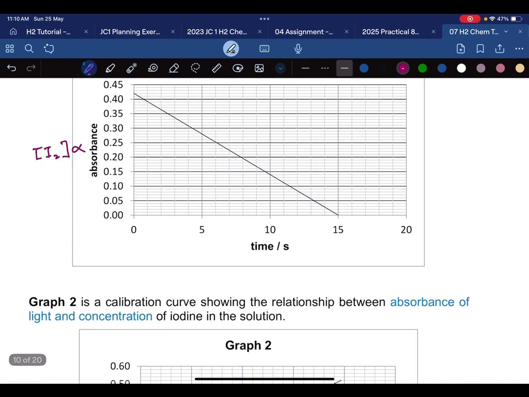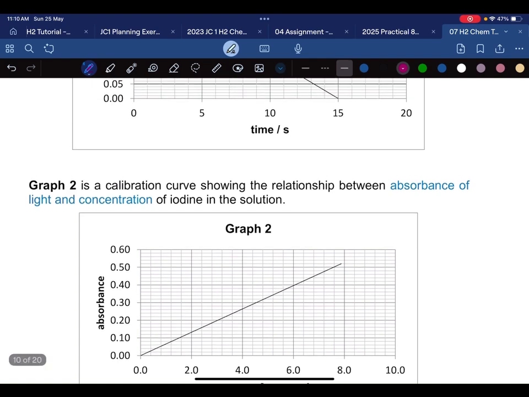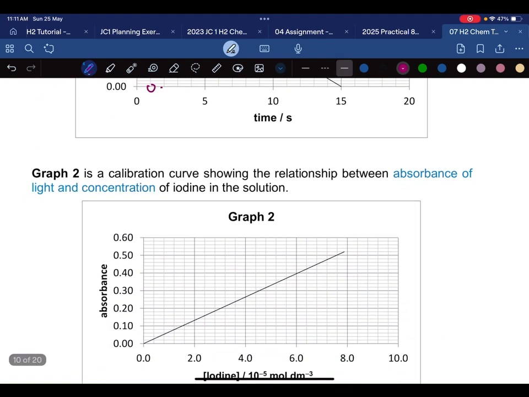Now, graph 2 is a calibration curve that shows the relationship between the absorbance of light and concentration. Okay, so if we look at this part of the graph, you can see that the change in absorbance is from 0.42 all the way dropping to 0, right? So that is the change in the absorbance value that we see.